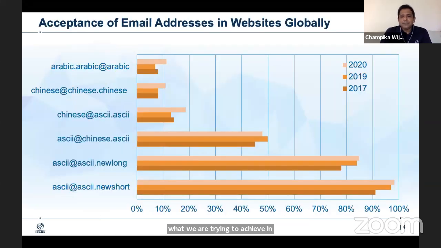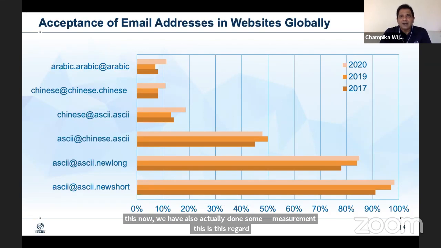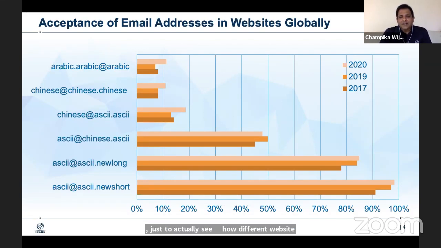Now, we have also done some measurements in this regard, just to see how different websites are UA ready. There have been considerations for around 1,000 or so top websites in the world. And you can see that most of these websites do not support internationalized email addresses, especially when you have an EAI mailbox, it's less than 10% or so.